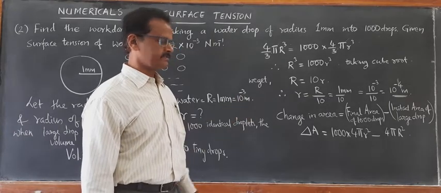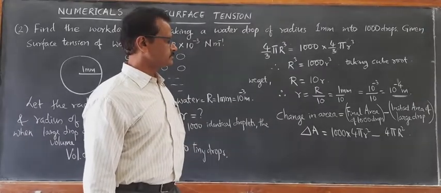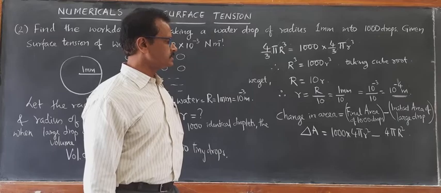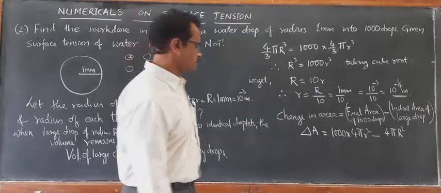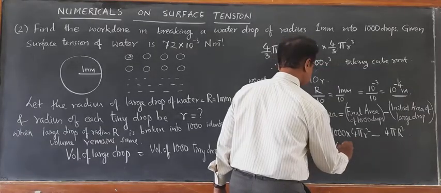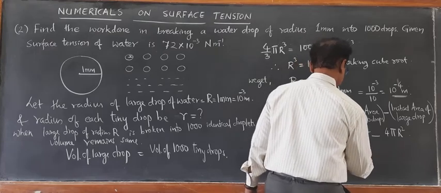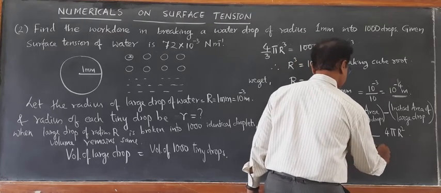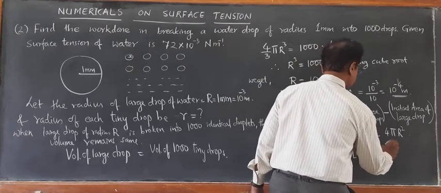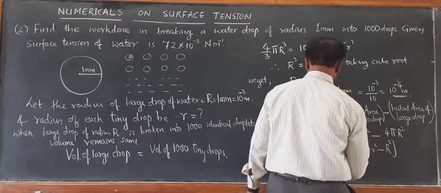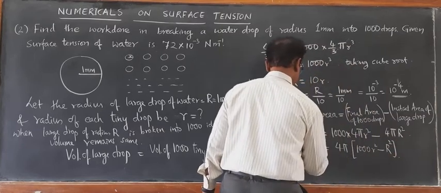Now we can calculate the change in area. If you take out 4 pi common, it becomes 4 pi times 1000 small r square minus capital R square. So this gives us the change in area.